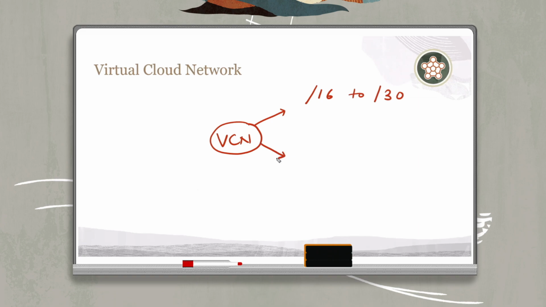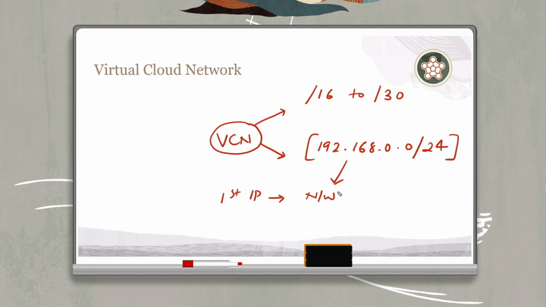And another thing that you should note here is that be it any CIDR, for example, 192.168.0.0/24. If we consider this as an example, then the first IP is going to be the network address.